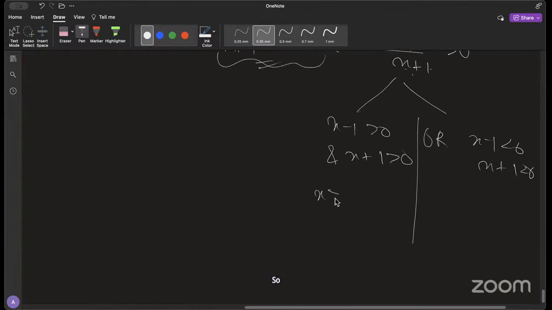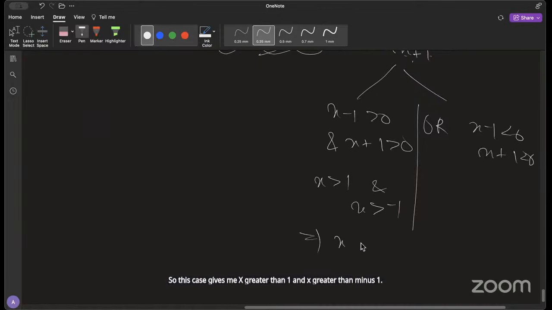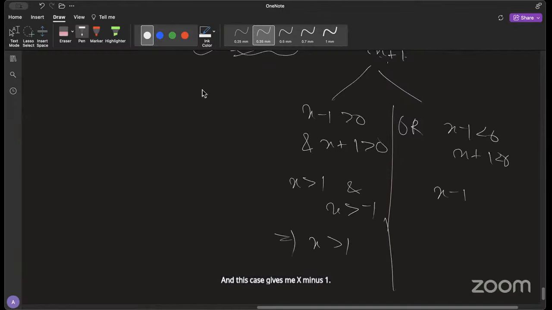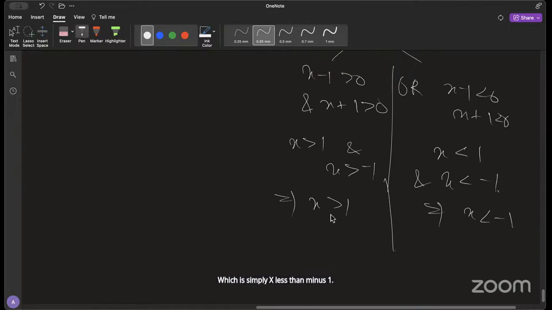So this case gives me x greater than 1 and x greater than minus 1, which is simply x greater than 1. And this case gives me x less than 1 and x less than minus 1, which is simply x less than minus 1. So either x should be greater than 1 or x should be less than minus 1.